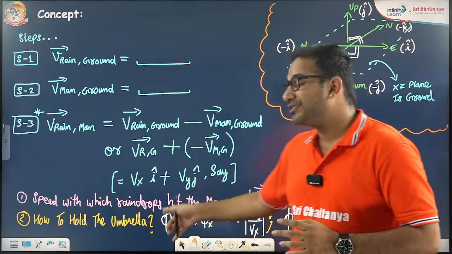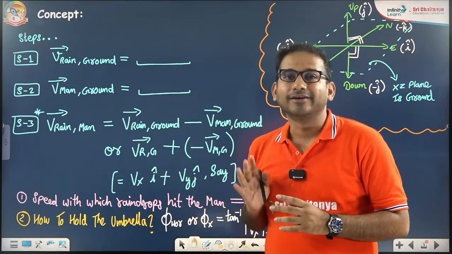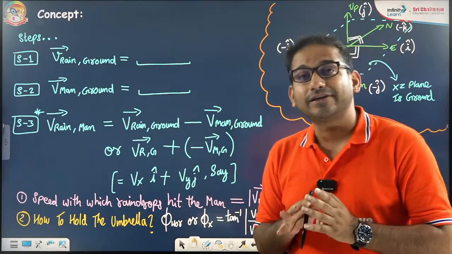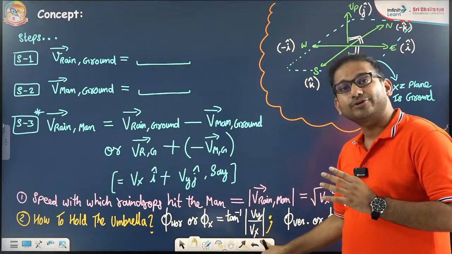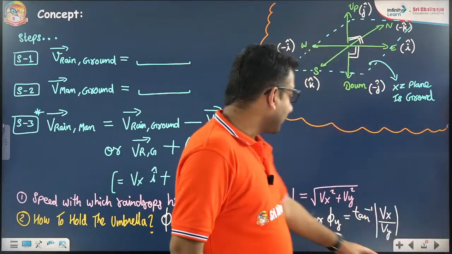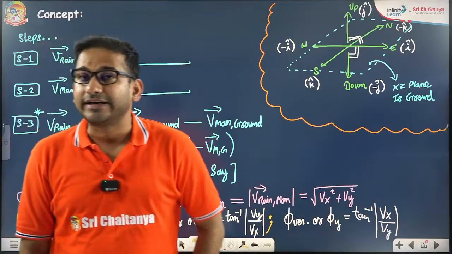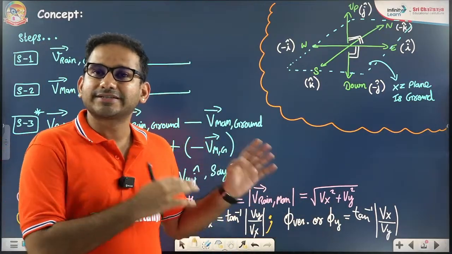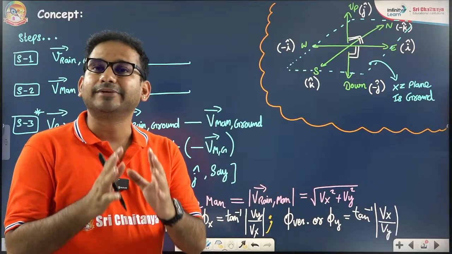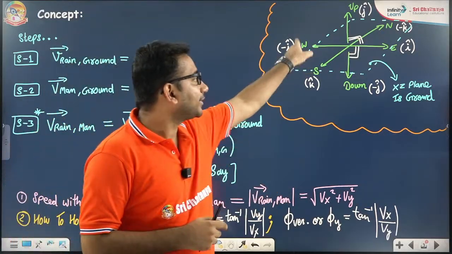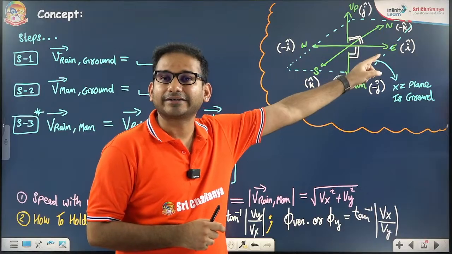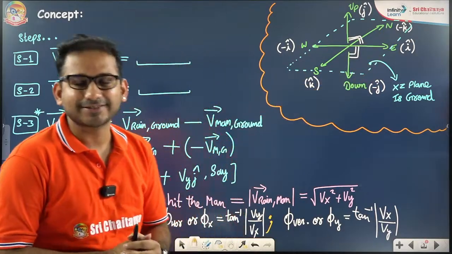And then how to hold the umbrella, if they are asking you the angle. If the angle is made with horizontal, then the horizontal component or x component must be in the denominator. If the angle is made with vertical, then the vertical component or y component must be in the denominator. And if you want to do the same question not mathematically but diagrammatically, then you can draw these unit vectors along the x-axis, y-axis and z-axis.